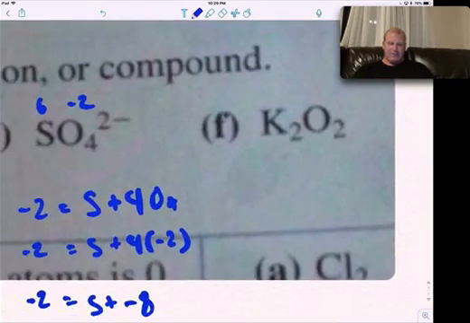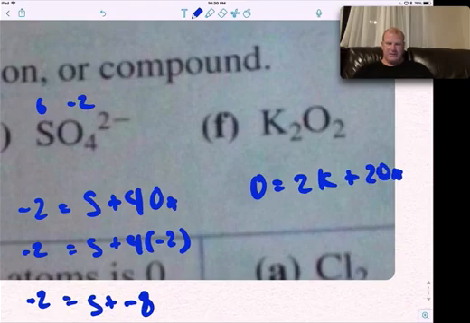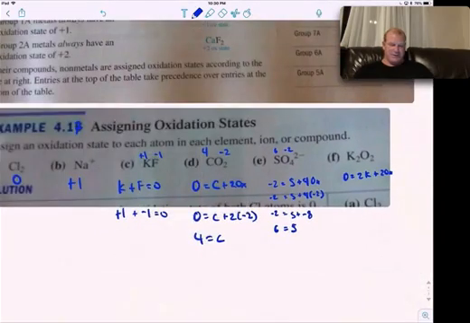Now, this next one, last one, potassium peroxide. We're going to have 0 is equal to 2 times potassium plus 2 times oxygen. And if you look at the chart, potassium has to be +1, so look here.